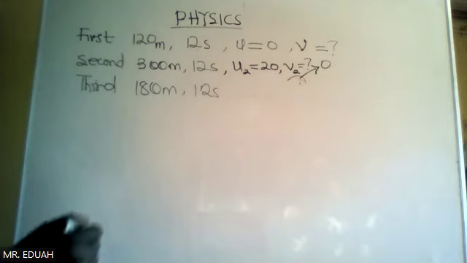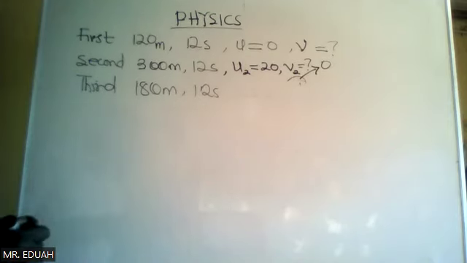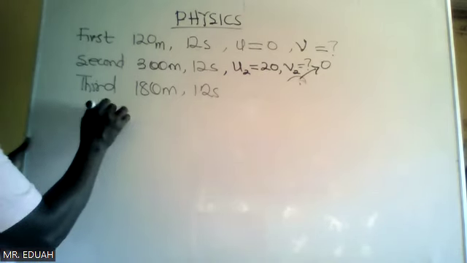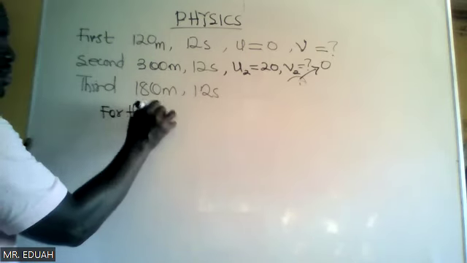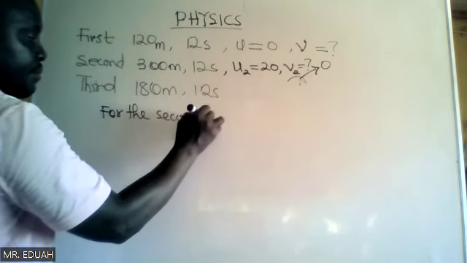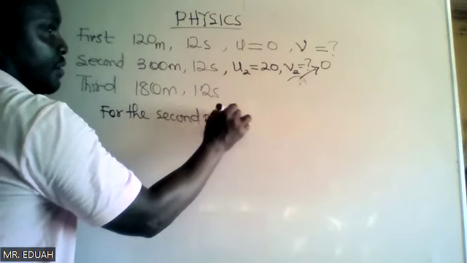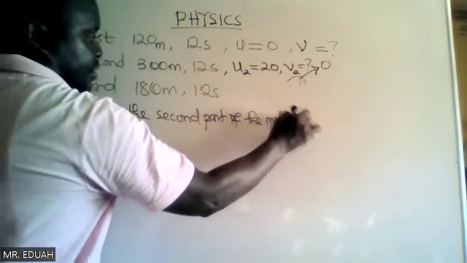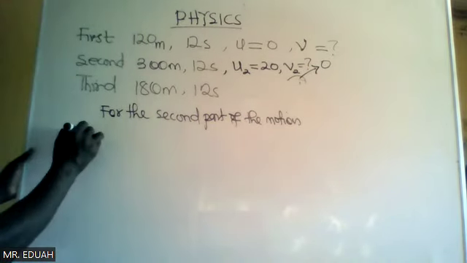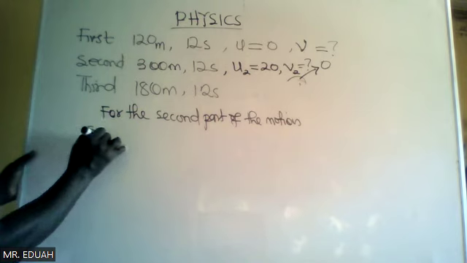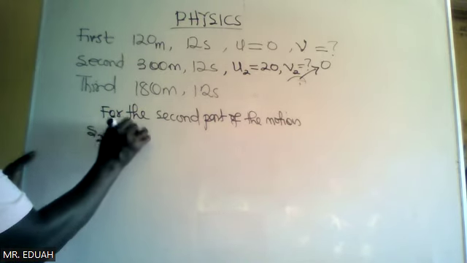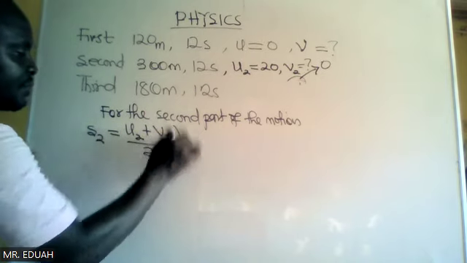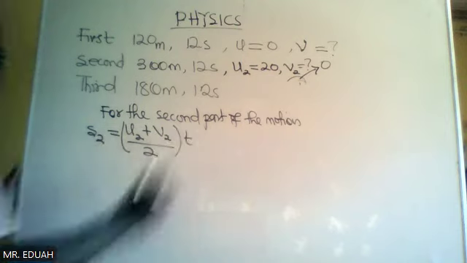So using average velocity for the second part of the motion, it means that S2 would also be equal to U2 plus V2 over 2 times time.